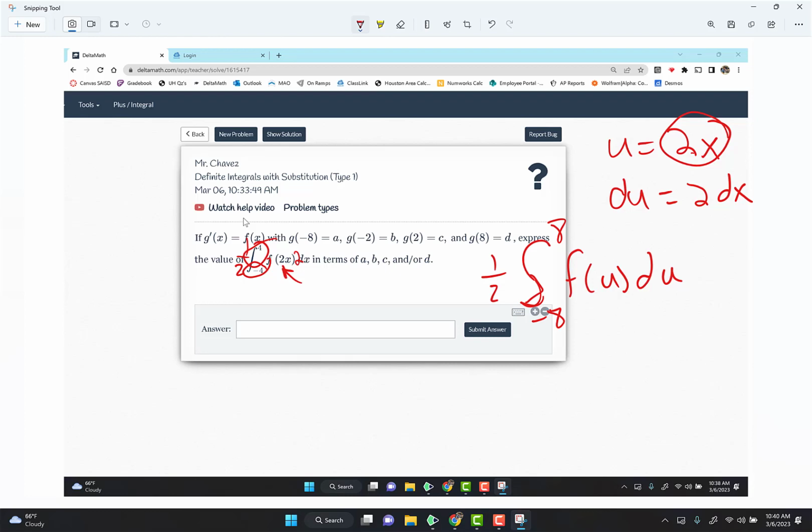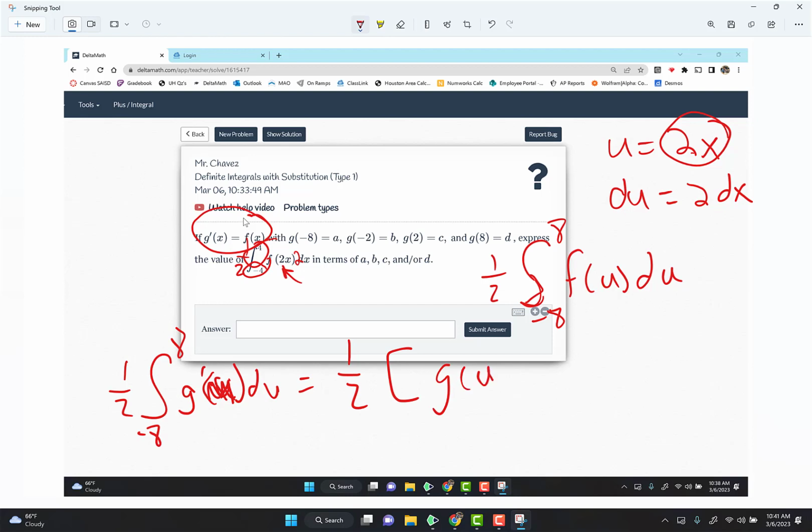Now they're telling me that g prime is equal to f, so I can rewrite it in terms of g prime. 1/2 integral from negative 8 to 8 of g prime of u du. Then what's the antiderivative of g prime? g, because the derivative of g is g prime. So 1/2 bracket g of u from -8 to 8.